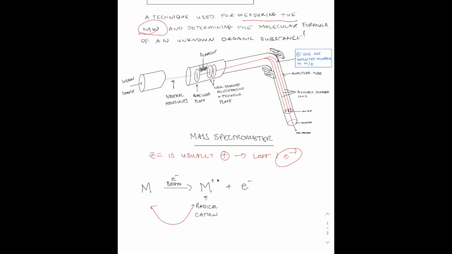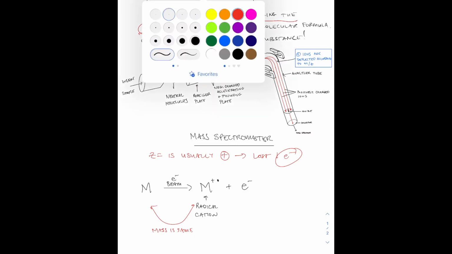And again, what I was trying to say is the mass of these two things is the same. So the mass is the same. And so that's why this particular technique is really useful, because we've ionized this thing and now we've gained the mass of it, and now we know the mass of our organic substance.